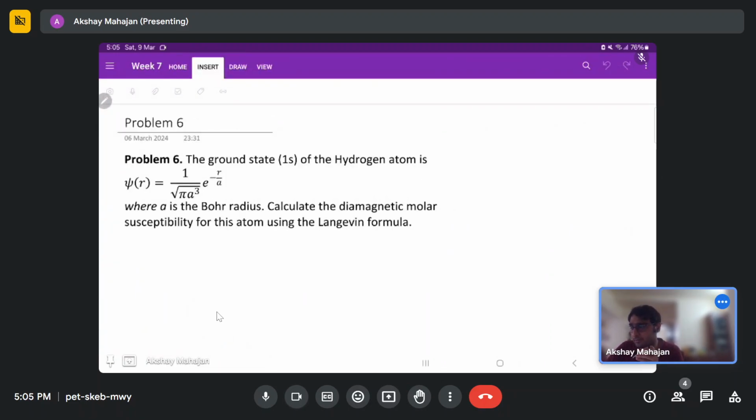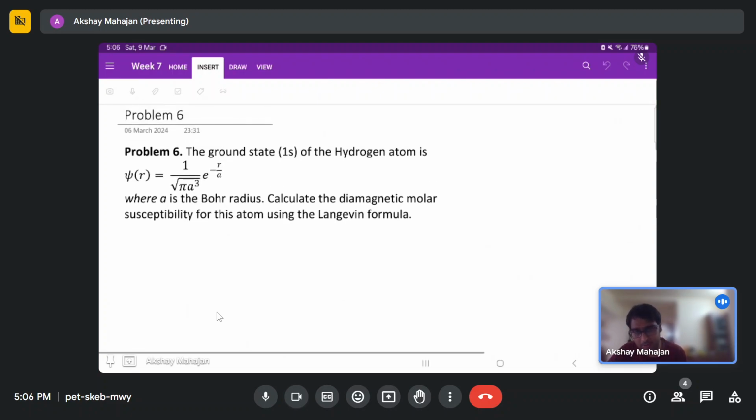This is problem number 6. In problem number 6, what is given to us is the ground state 1s of the hydrogen atom.